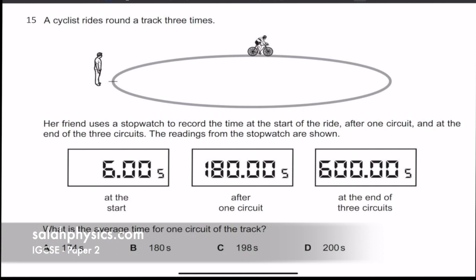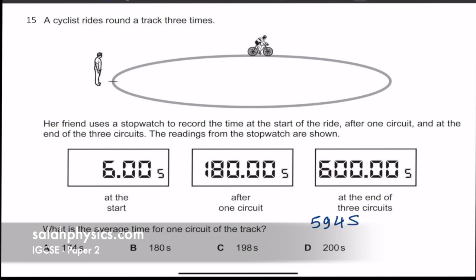You know, they said here after 1 circuit, then after the end of the 3 circuits. It means after the end of the 3 circuits, the time upgraded from 6 to 600. So you can find out the total time, then divide by 3. The total time here could be 600 minus 6, which gives you 594 seconds.